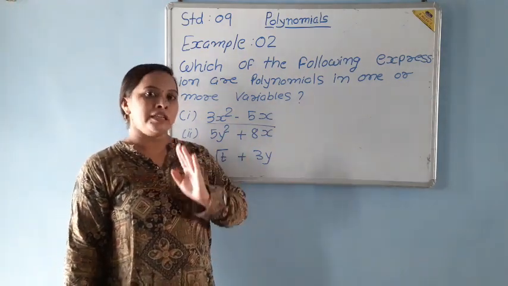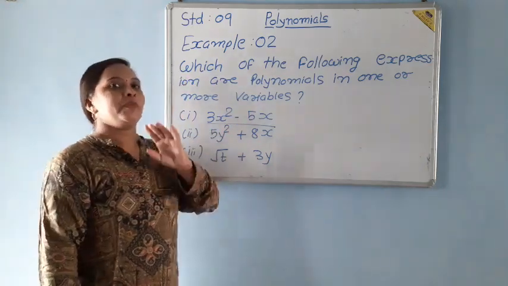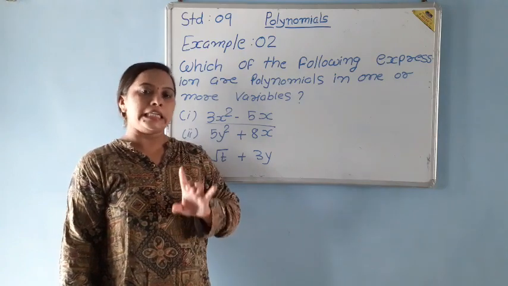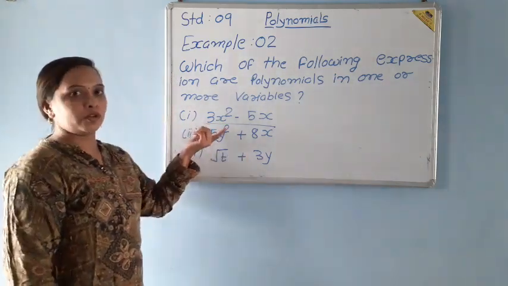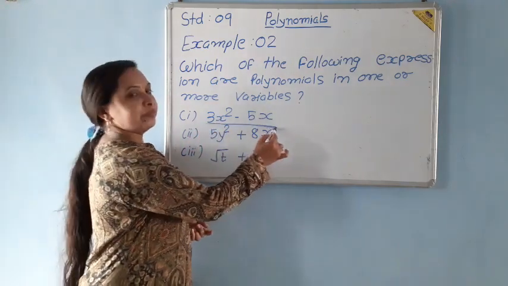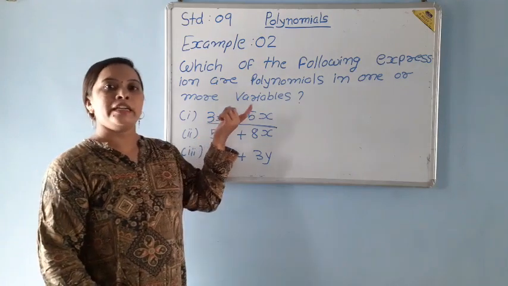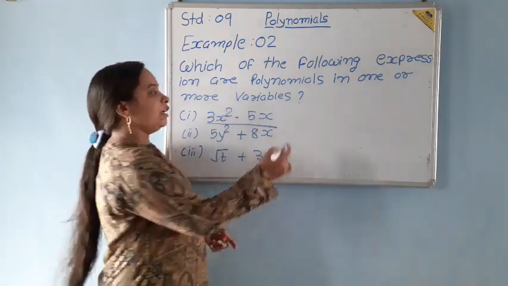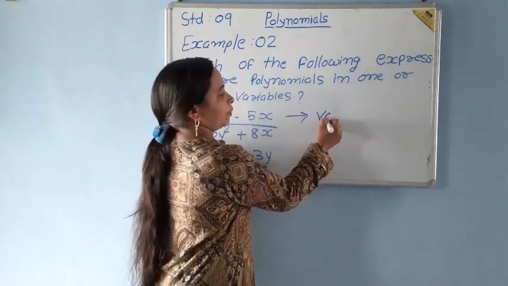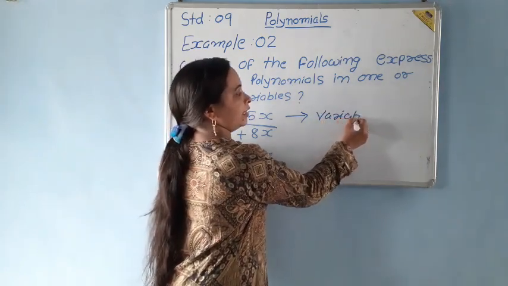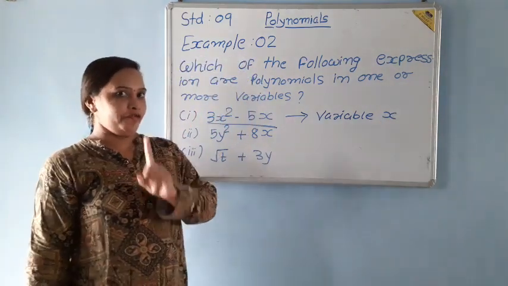Yes, it is a polynomial. Now, the second question: is it a polynomial in one variable? Yes, it is, because the whole expression consists of only the single variable x. So it is a polynomial in one variable.